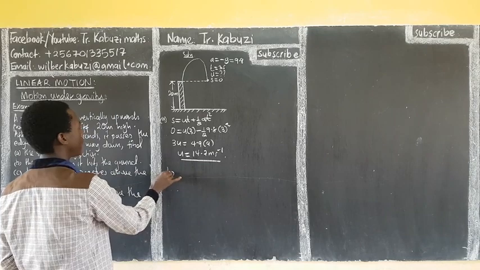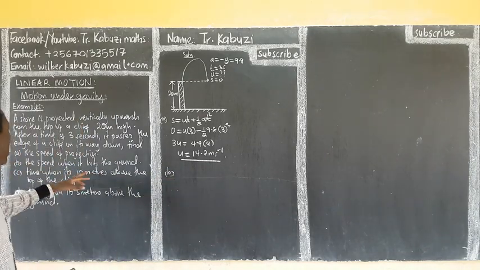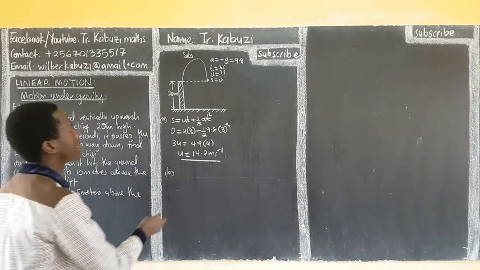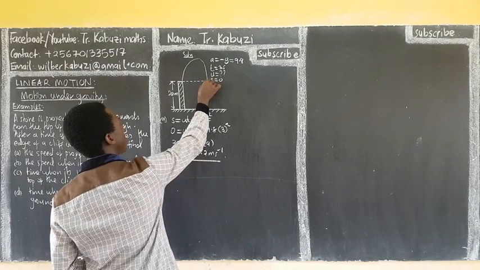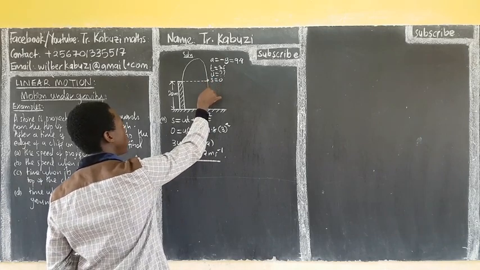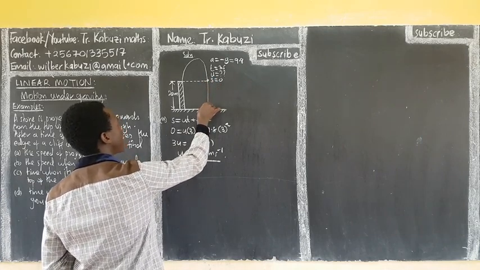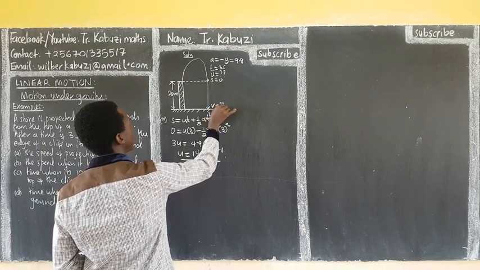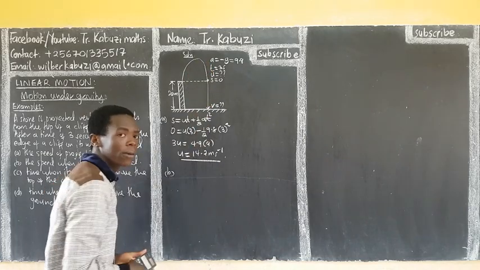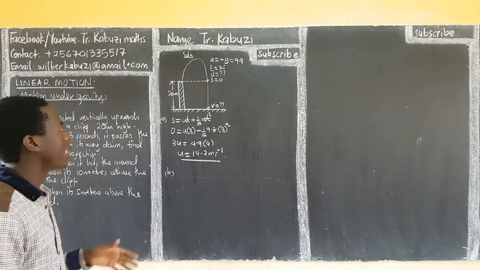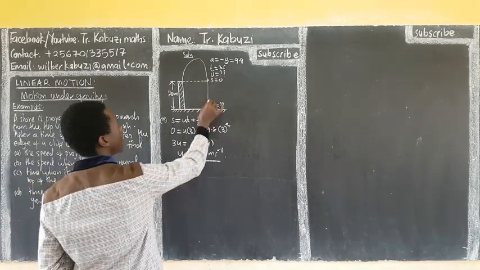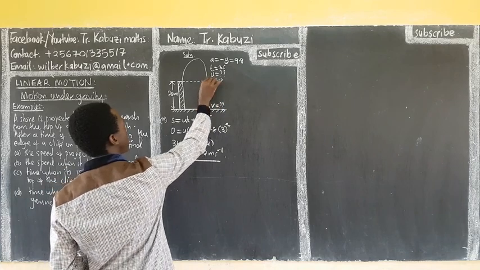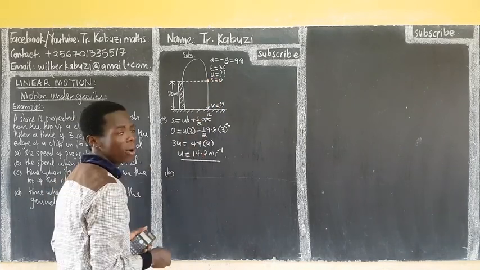Then part B, the speed when it hits the ground. When it's coming down to hit the ground, they're asking for this v, the velocity. But remember, the object is falling, so velocity is negative. Now the distance is covered from here, going below where it started.